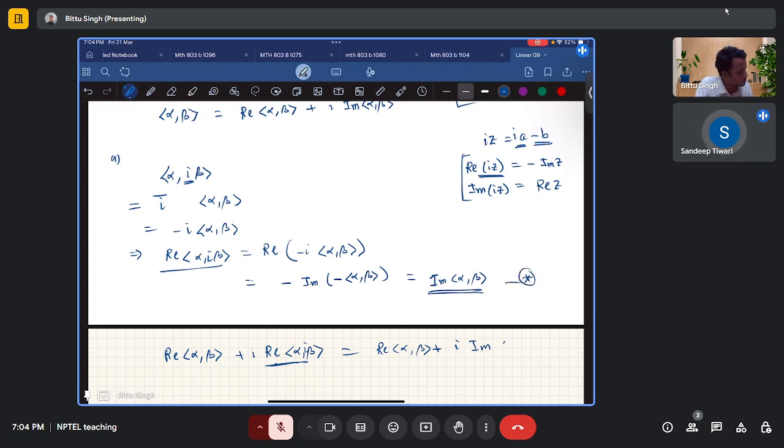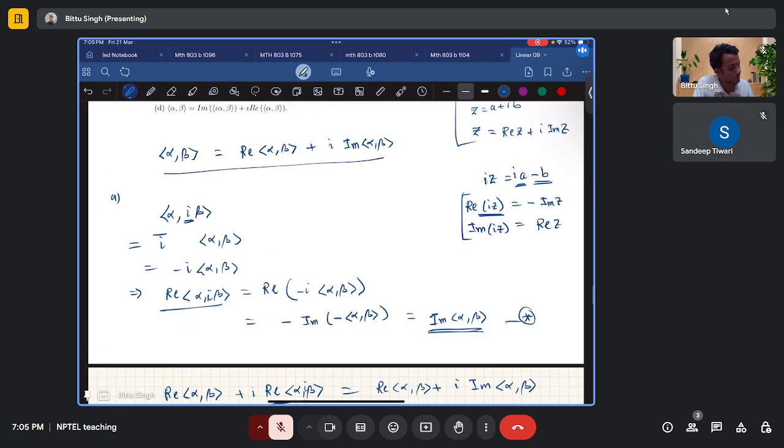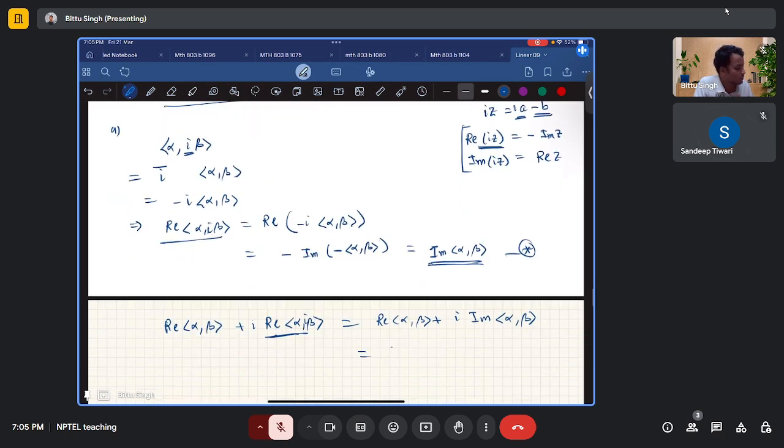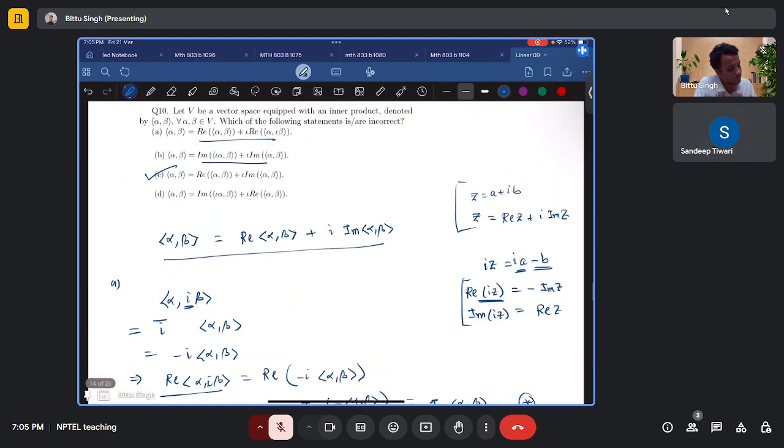Again this is true, because we know that alpha beta can be written as this. So this option is correct.